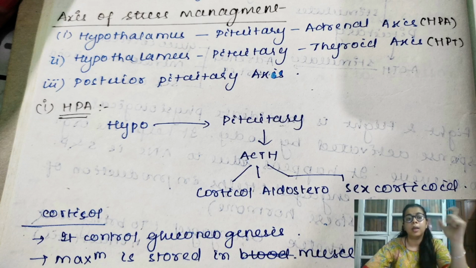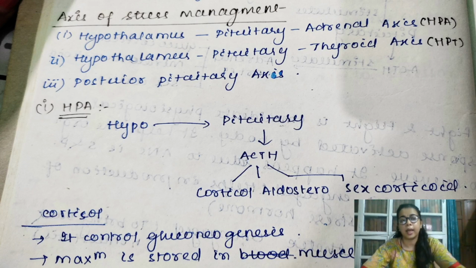In the second part we are going to discuss how stress management takes place, or what are the axes which help in stress management. Basically there are three axes that control stress management, with the hypothalamus and pituitary: first is the adrenal axis, second is the thyroid axis, and third is the posterior pituitary axis.